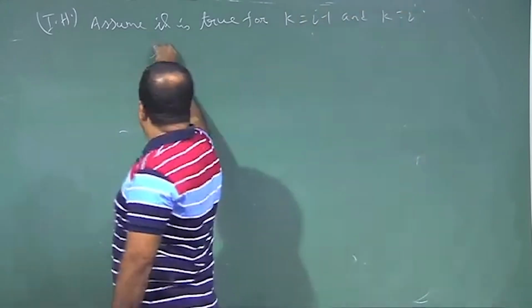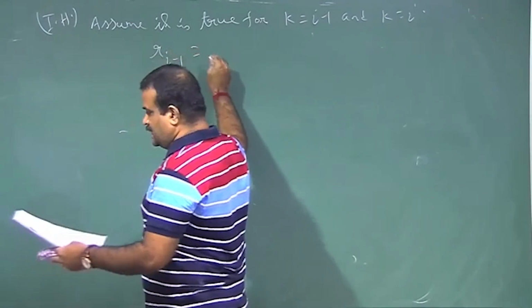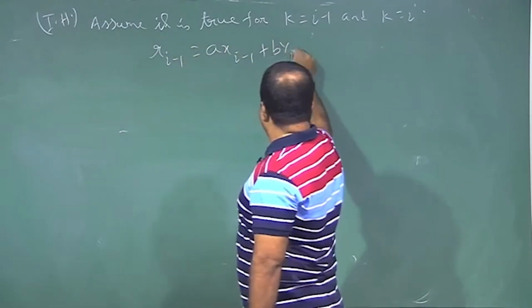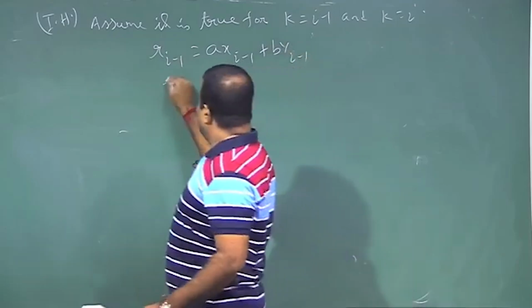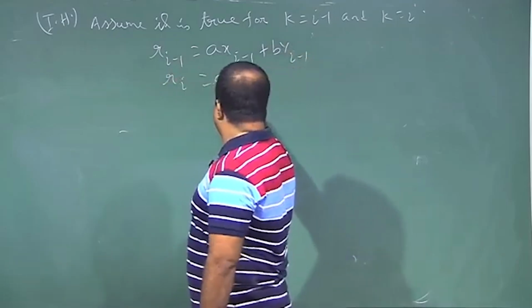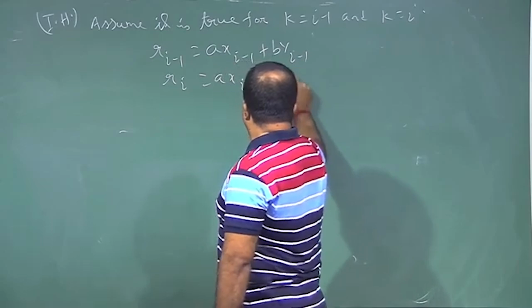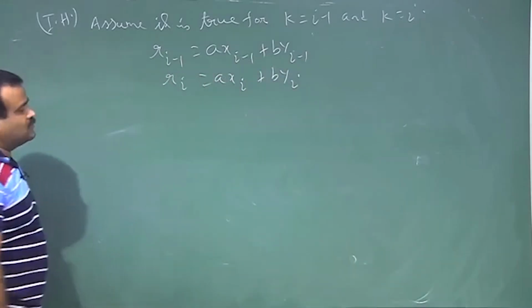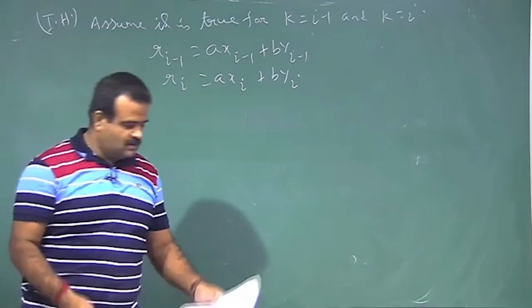That means r i minus 1 is basically a x i minus 1 plus b y i minus 1, and r i is basically a x i plus b y i, and we have to prove that the statement is true for k equal to i plus 1.